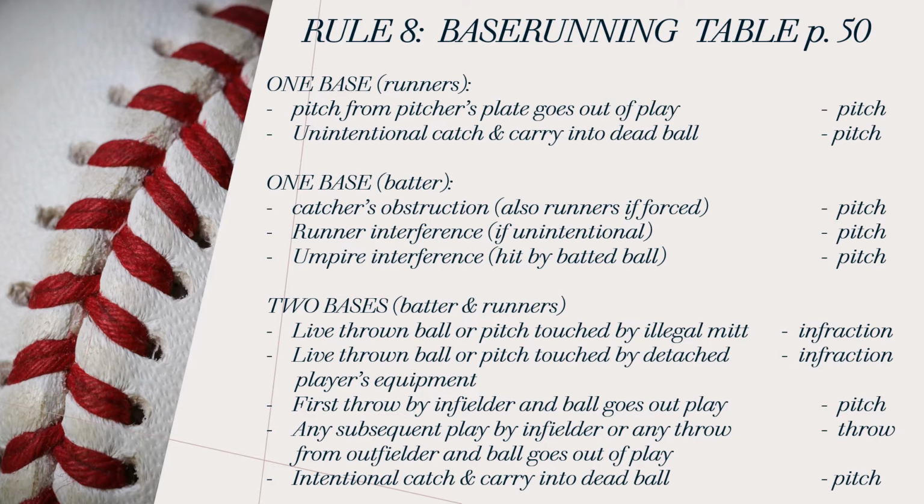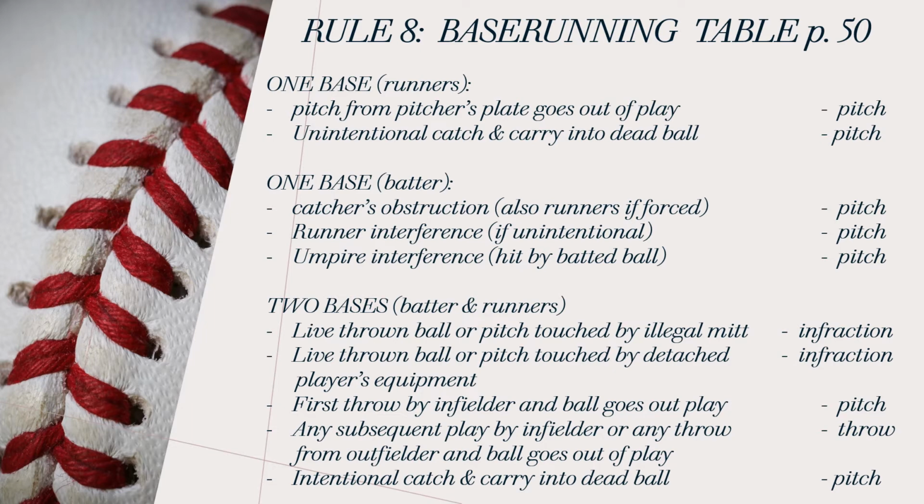A 1 base award for the batter. If we have catcher's obstruction, right, so the batter swings, hits the catcher's mitt. If we enforce the obstruction, then the batter is awarded one base, and all runners who are forced will also move one base.